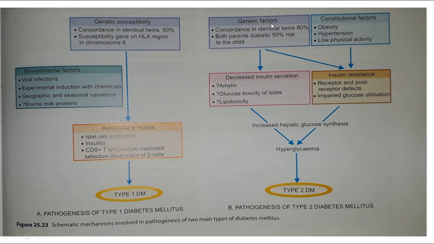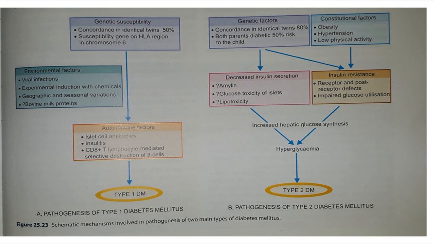While in type 2 diabetes, there is some role of genetic factors. The concordance in identical twins is 80%. If both parents are diabetic, there is a 50% risk to the child. Plus, there are constitutional risk factors like obesity, hypertension, low physical activity, and sedentary lifestyle, that all lead to decreased insulin secretion, amylin, glucose toxicity of the islet, and lipotoxicity, which lead to insulin resistance, receptor and post-receptor defect, and impaired glucose utilization.